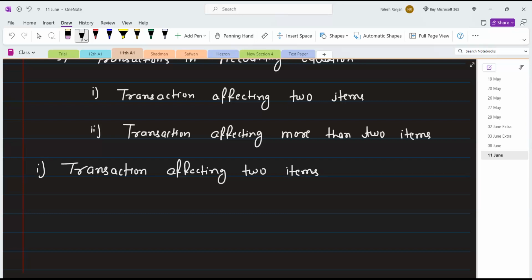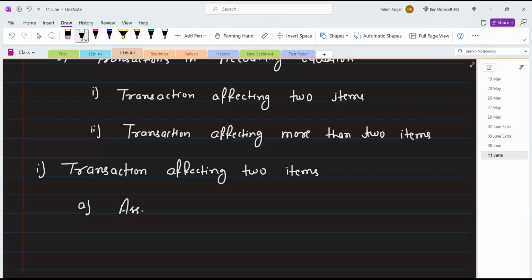Now, what are the transactions which will affect two items? So there are subcategories in this category. First one is when one asset increases and one liability increases.